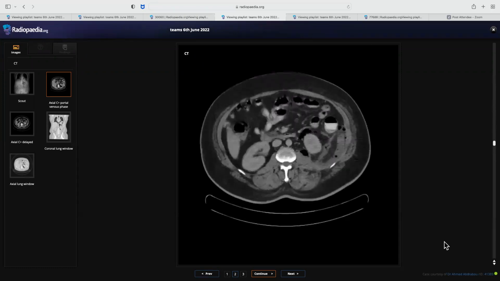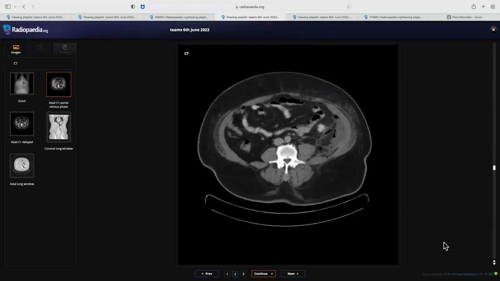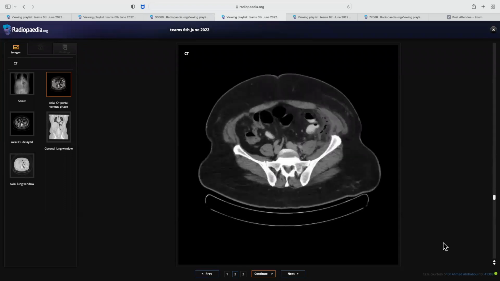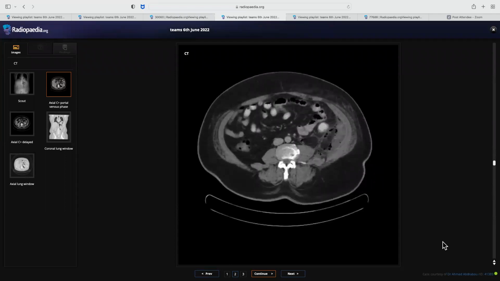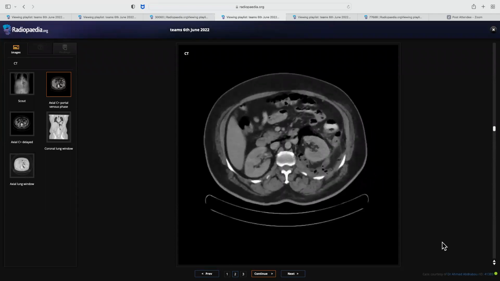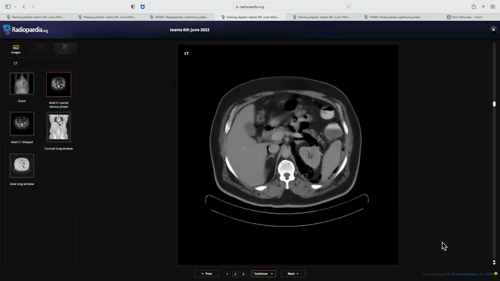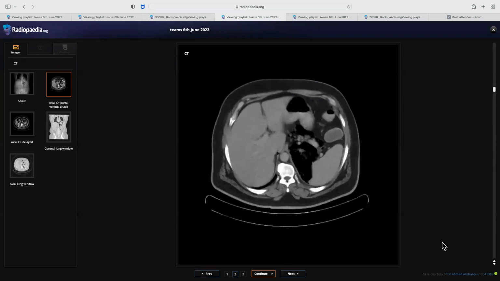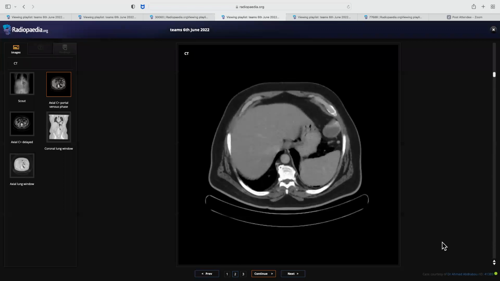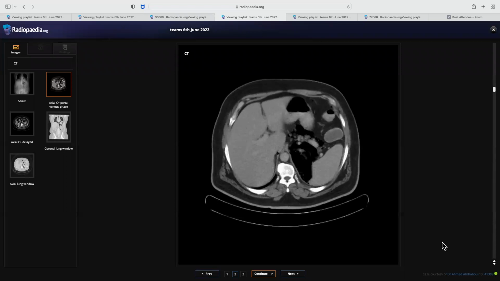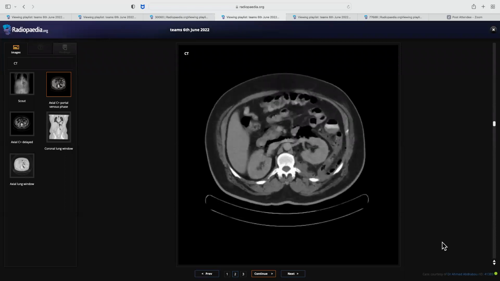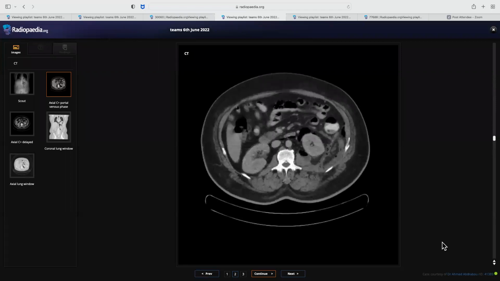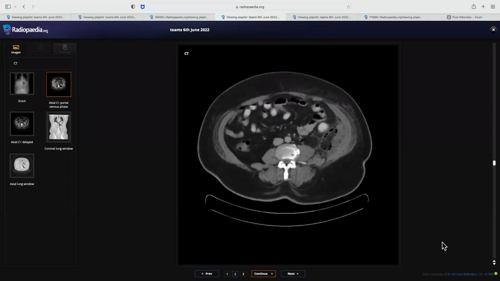So this is a contrast-enhanced CT scan of the abdomen in the portovenous phase. In the upper cuts, I can appreciate retroperitoneal air encasing the left kidney and tracking into the posterior perinephric space as well as the peripancreatic space. I cannot appreciate any air within the collecting system, and the renal parenchyma appears homogeneously enhanced.